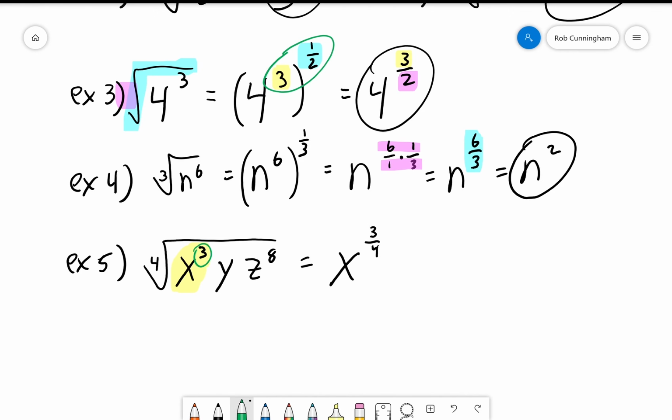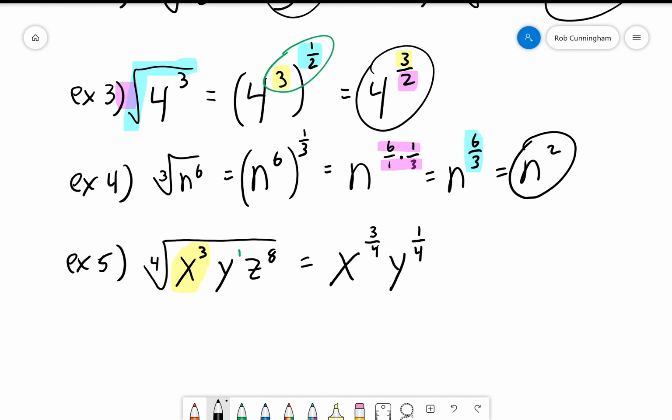Right? The exponent goes on top, the root goes on the bottom. How about the y's? Well, that's actually y to the 1 power. So the fourth root of y to the 1 power would be y to the 1/4. Right? 1 divided by 4 is just 1/4.